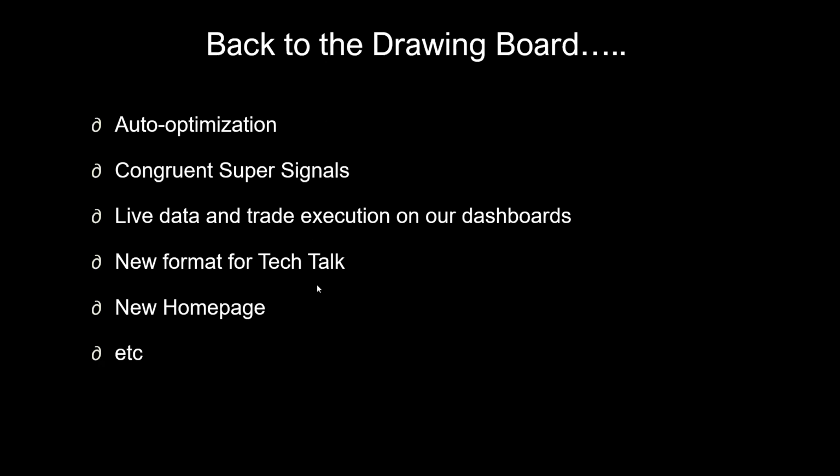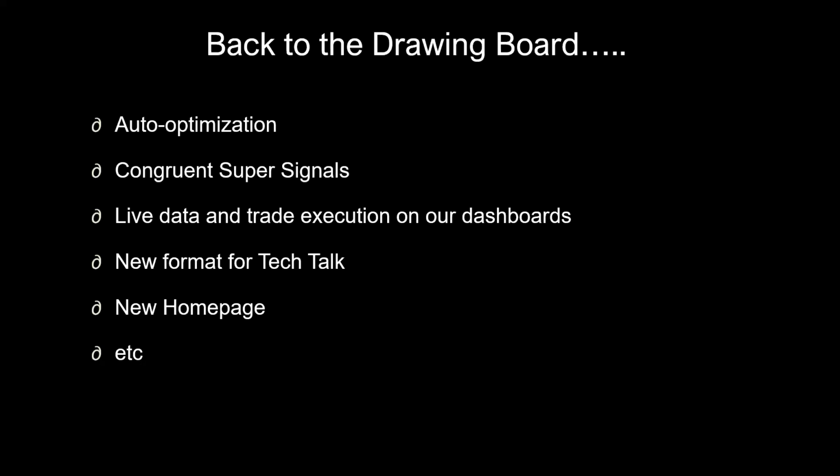This Tech Talk has now been revamped a little bit, a slightly new format where we will make every Tech Talk very focused on one particular topic. We're also working on a new homepage, which has been in the making for, I don't know, half a year now. It's more tedious than we expected, but hopefully soon we will have a new homepage, a new design, which will make it much easier for you to find indicators that you might be interested in.